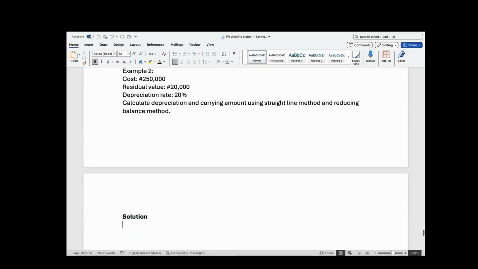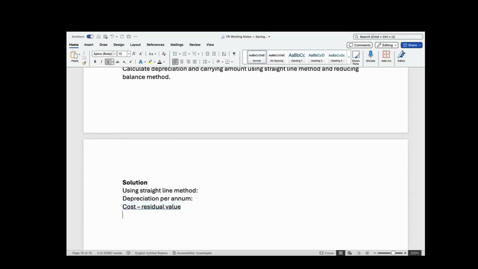So in this case now, using the straight line method, my depreciation per annum is my cost minus residual value divided by the useful life of the asset.